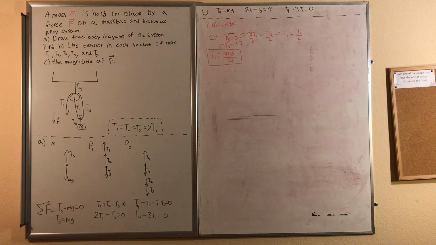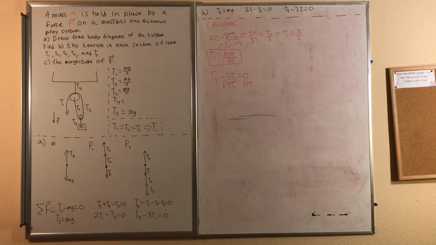Let's write this down over here for T sub 1 through 5. And T sub 1 through 3 will equal the same m times g over 2. We have T sub 5 equals m times g. Now to solve for the last, T sub 4, we need to plug in for the last equation, rewriting T sub 4 minus 3 times T sub 1 equals 0.